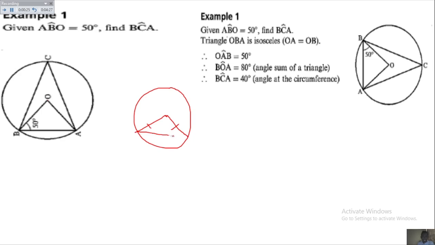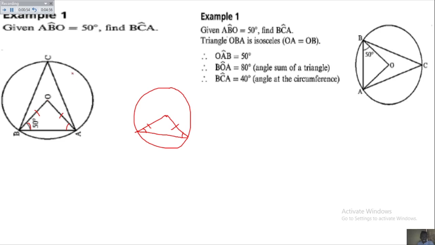If you draw a line, this angle and this angle become equal, as we know, the base angles of an isosceles triangle. This is a radius, this is a radius. Why? Because a line from the center is drawn to meet at the circumference. And if this one is 50, automatically this one will be 50.